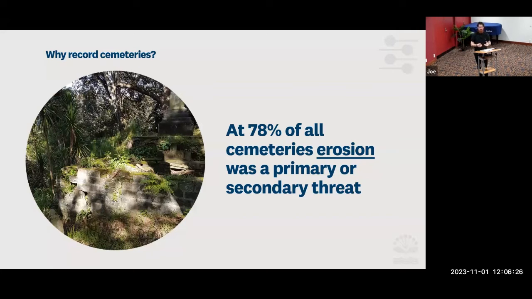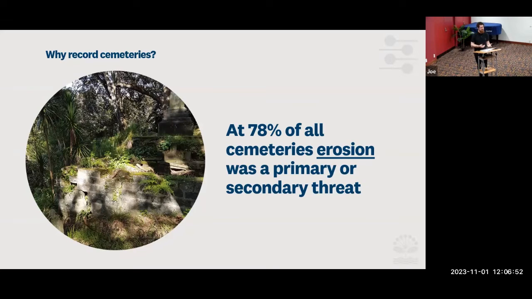We also noticed localized subsidence, so what's commonly or colloquially referred to as coffin collapse, but more accurately is where grave cuts are collapsing in on themselves, so soft soil collapsing in. And that results in adverse effects for the furniture on top of the grave, so ledges cracking, headstones tilting or falling over, generalized instability.